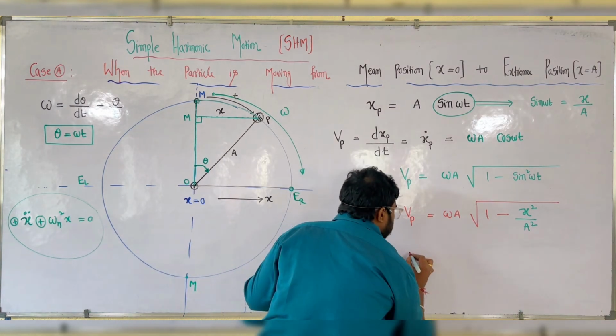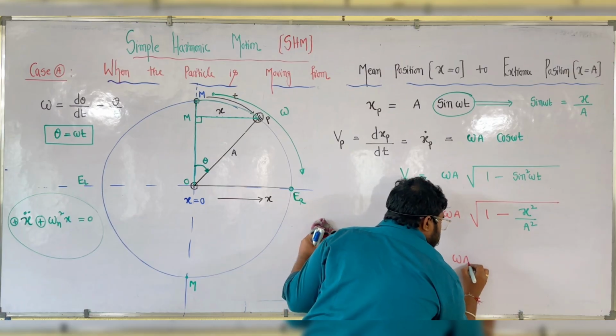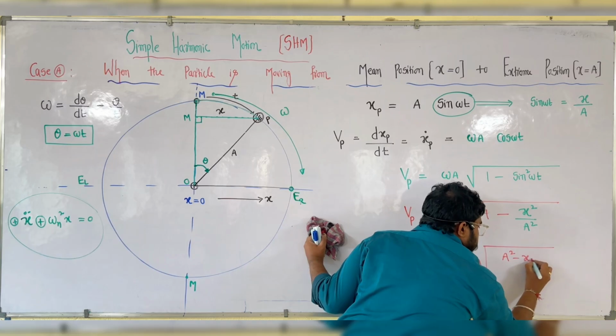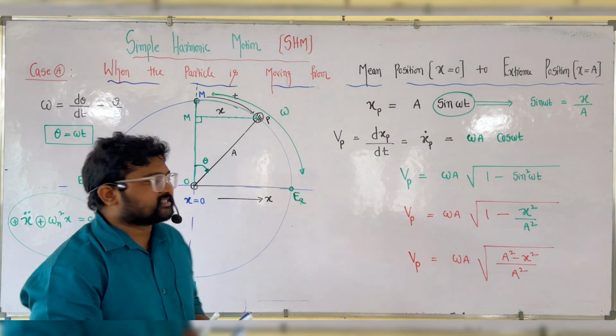Velocity of the particle equals omega a into square root of a square minus x square by a square. A gets cancelled out.